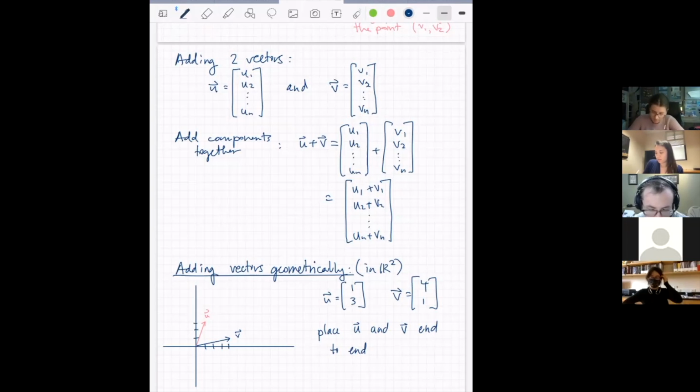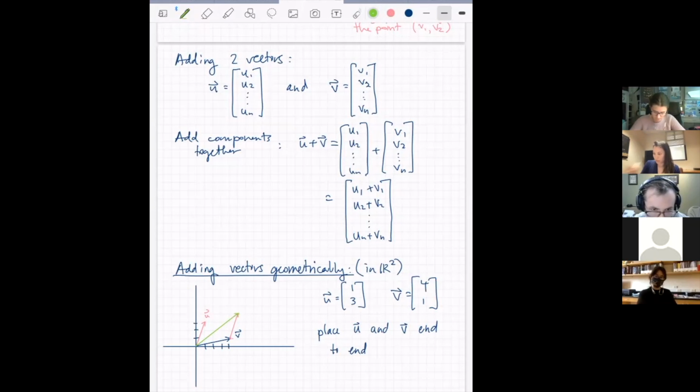So you can place u and v end to end. So say I start with v here and I take my u and I put the end of it at the tip of v and then draw u right there. And then that will tell me where the vector u plus v will be. So it'll start at 0 and stretch to where the tip of that one is.